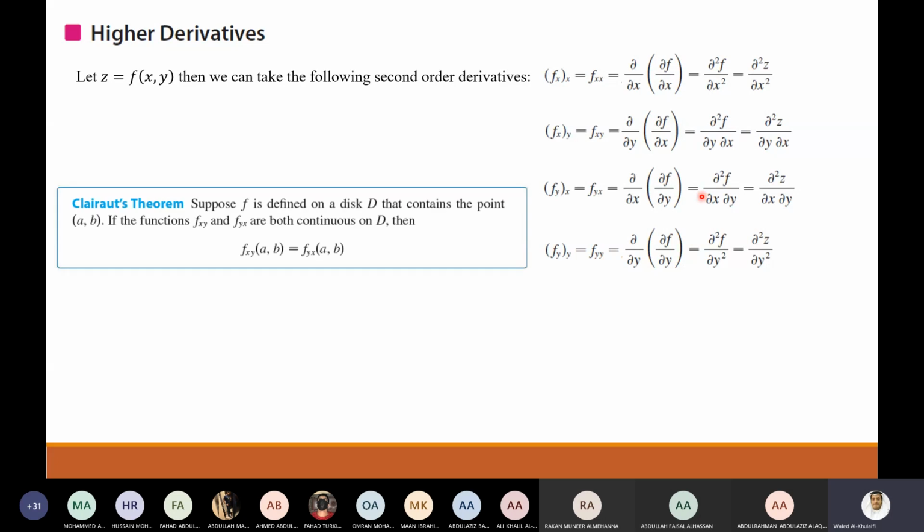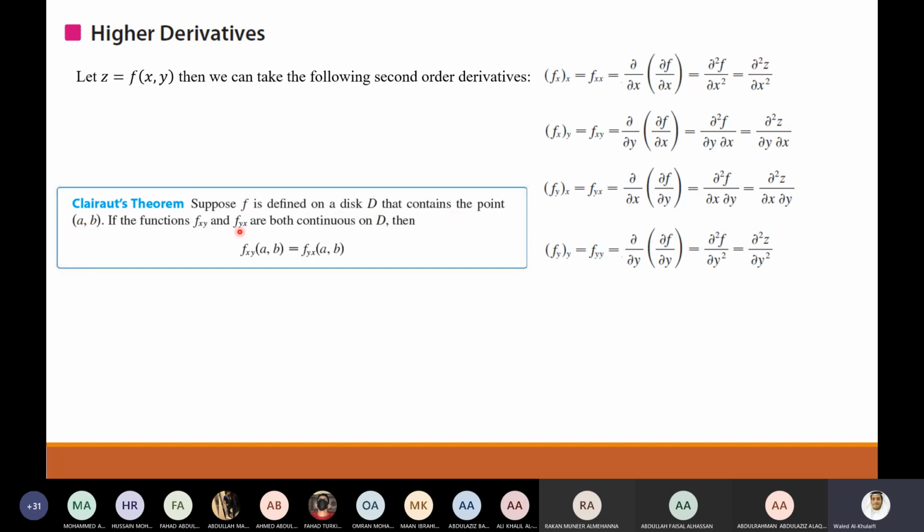Someone answered this question, whose name in English is Clairaut, and the result is called Clairaut's theorem. By the way, I'm not French and I do not speak French, but this is how I heard Clairaut's theorem. He said this: suppose f is defined on a disk D, a certain domain that contains the point (a, b).